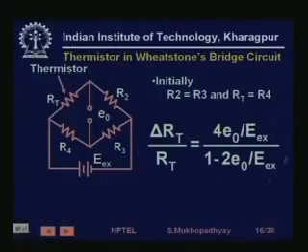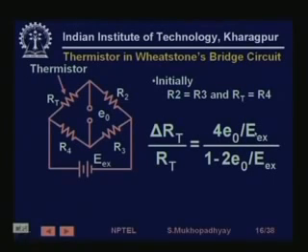Since it's a resistance, it can again be put in the Wheatstone bridge, and it turns out that you can derive this expression: delta RT by RT, which is the percentage change in the resistance, is given by 4 E0 by Ex into 1 minus 2 E0 by Ex. So if you get E0, these are all constants.